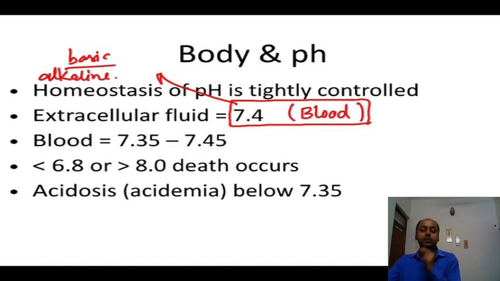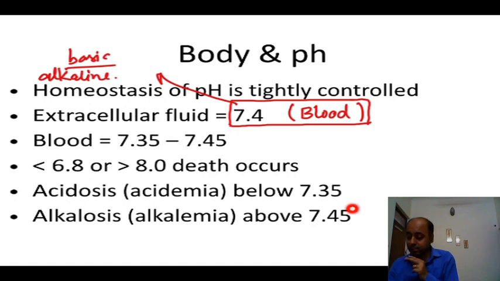If the value is less than 7.35, we call it acidosis, also known as acidemia. Value less than 7.35 will be acidosis or acidemia. Similarly, value more than 7.45 is alkalosis or alkalemia. These are the technical terms which you should be familiar with when we talk about the acid base balance in the human body.